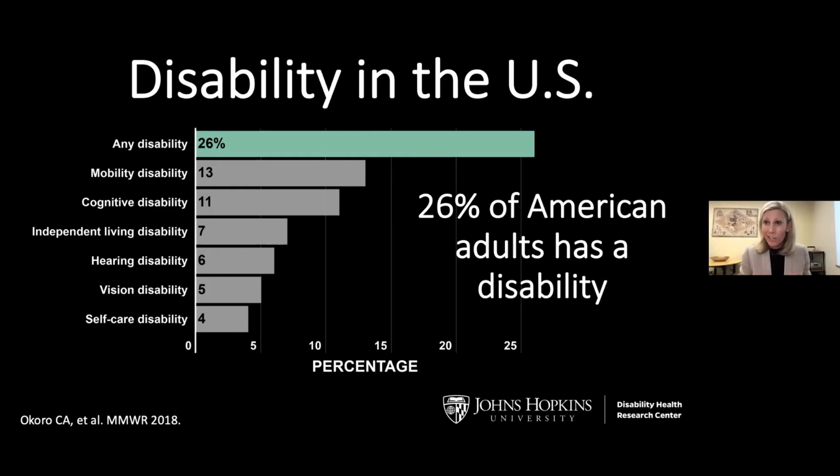That can include people with vision impairments, or people who are blind, people who are hard of hearing, or people who are deaf, individuals with dementia, those who are autistic, people with cerebral palsy. This can also include people with migraines, depression, anxiety, diabetes, when it impacts their daily life.